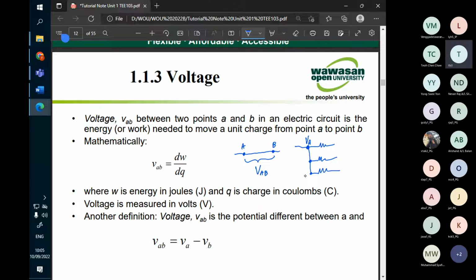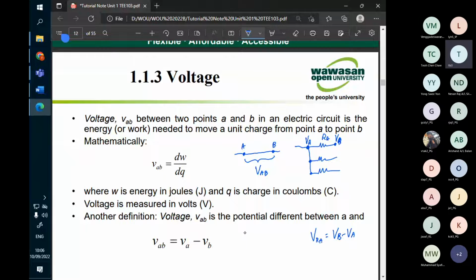So if you really want to measure the voltage across this, we use the term across, the voltage across this resistance RA, you really need to know the voltage here, so that we can define the voltage of the component. Component RA is actually VB minus VA. We assume VB is higher than VA, so we'll get a positive value.